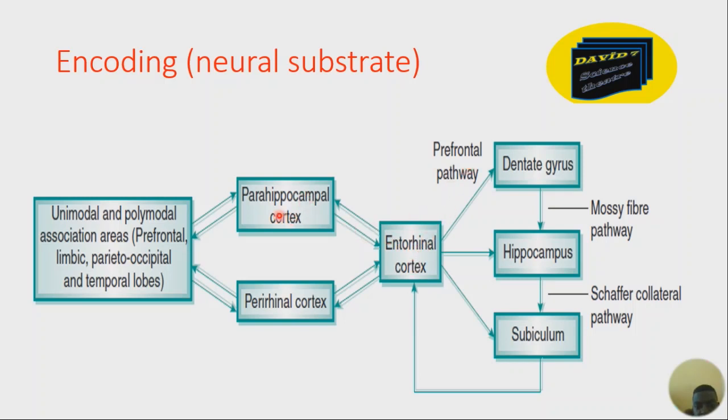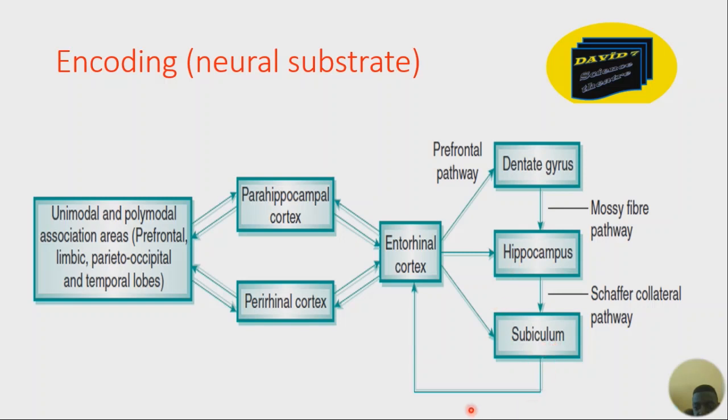It can go and come back. That is reverberation. The perforant pathway will take it to the dentate gyrus. Through the mossy fiber pathway, it goes to the hippocampus. Through the Schaffer collateral pathway, it will go to the subiculum. And still, the entorhinal cortex can project to all three areas here.